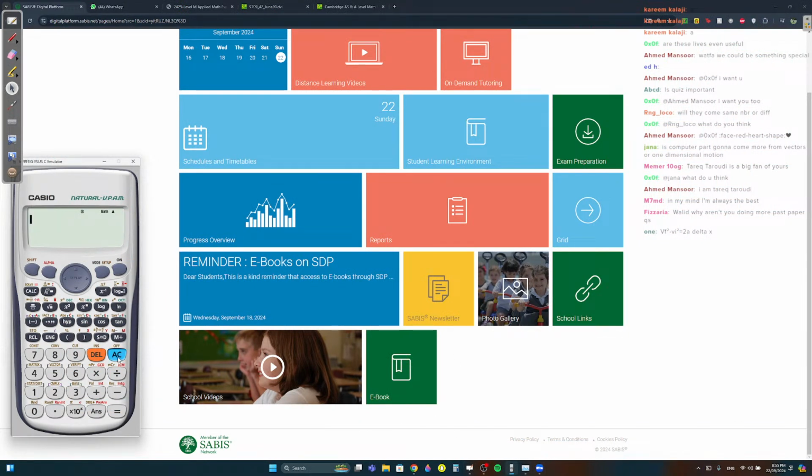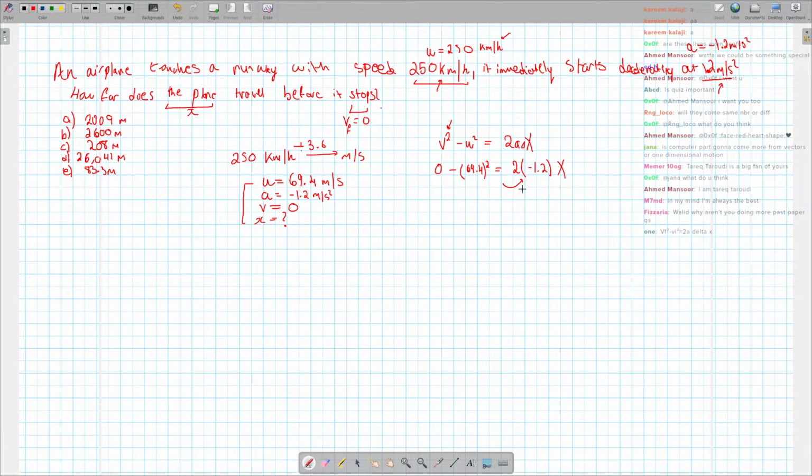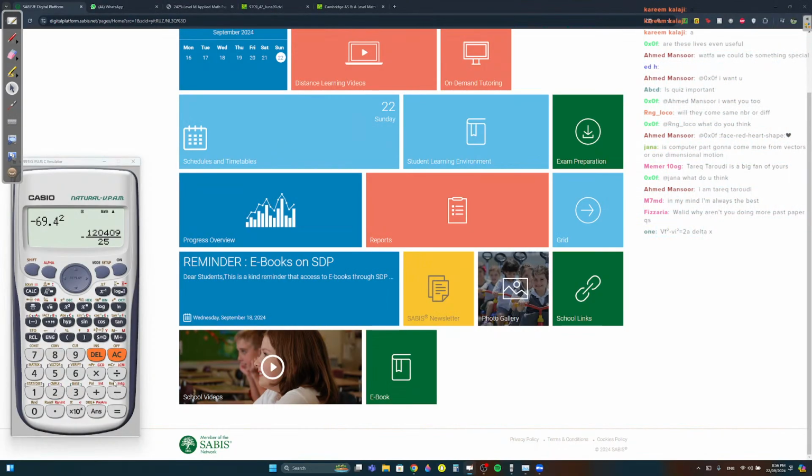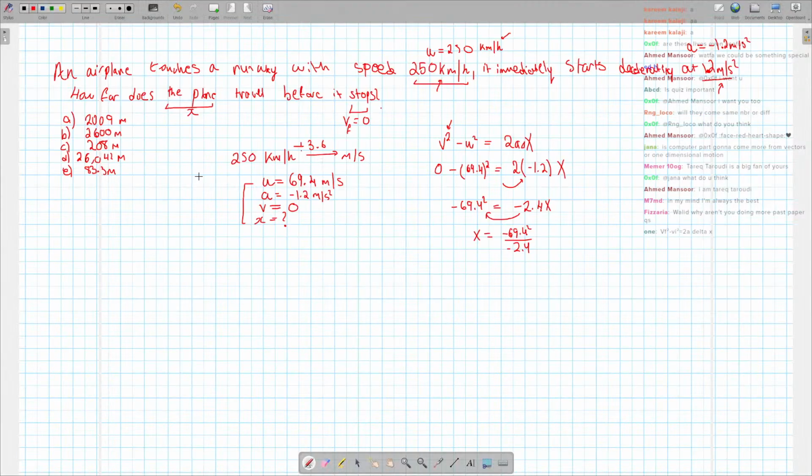Negative 69.4 squared, divided by 2 times minus 1.2, which is minus 2.4. We take this to the other side, so x equals minus 69.4 squared divided by minus 2.4. Let's put this on a calculator. We divide this answer by negative 2.4 and you're going to get 2006.